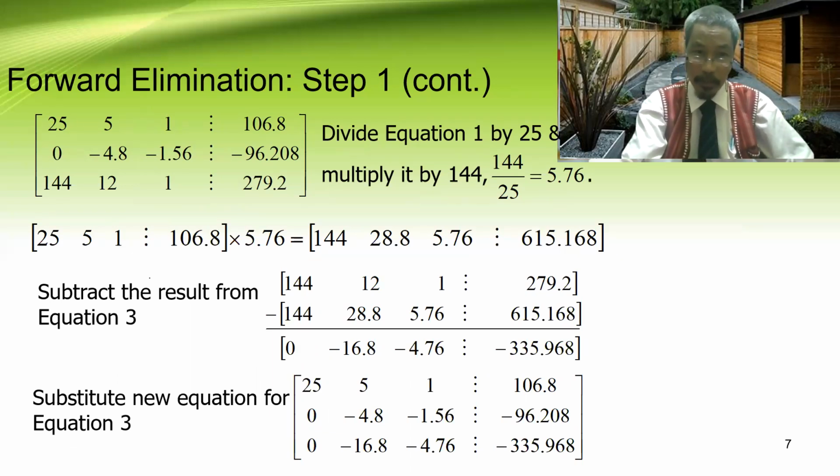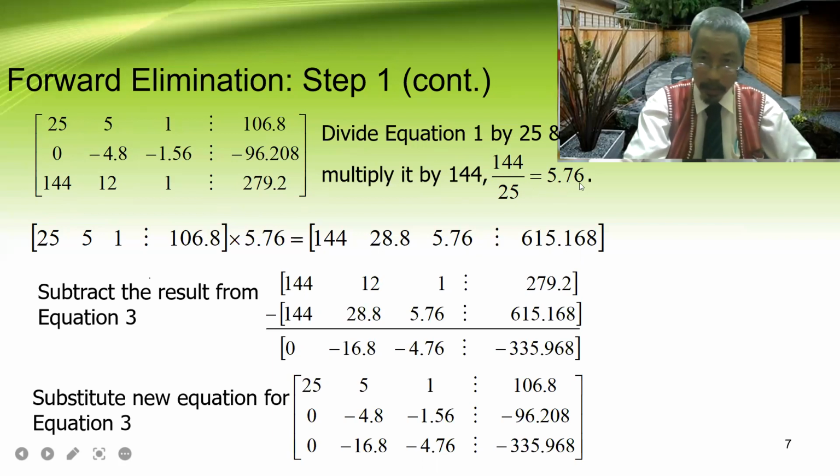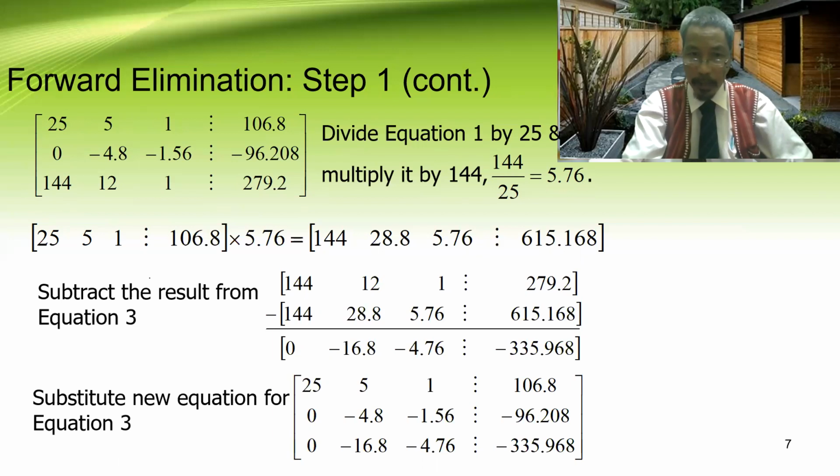So divide by 25, multiply by 144. Divide, multiply. Very easy. And then 144 divided by 25, that is 5 point something. Okay, 5.76.